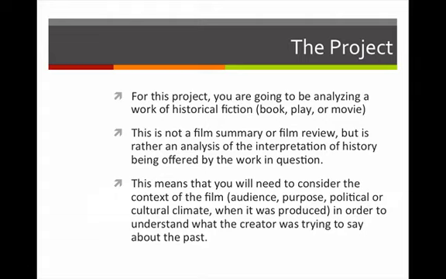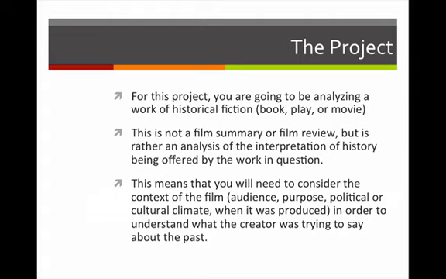So what you're going to do is you're going to analyze a piece of historical fiction, a book, a play, or a movie. Note that this is not a film summary or a film review, but is rather an analysis of the interpretation of history being offered by the work in question. That means that beyond what actually happens in the film, you need to consider the context of the film. What do you think its audience is?